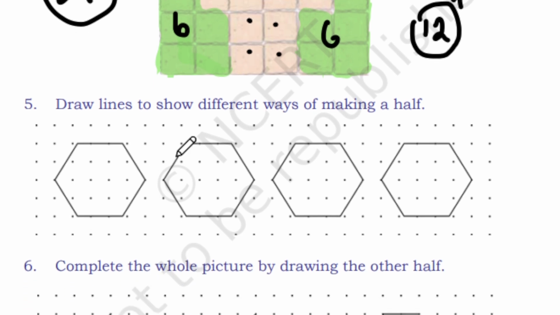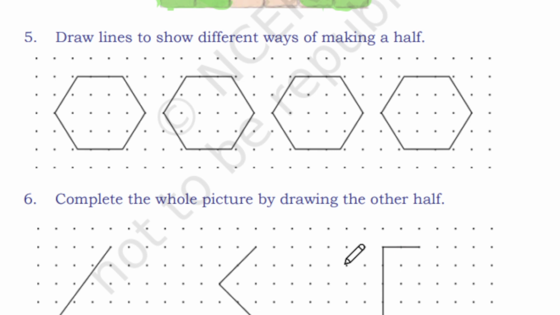Draw a line to show different ways of making half. Okay. This one is also an exam question, students. Important question. You just have to draw a line to make them half equally. So here you can draw a center line. They have given dots, so you can easily make a line and separate them equally.